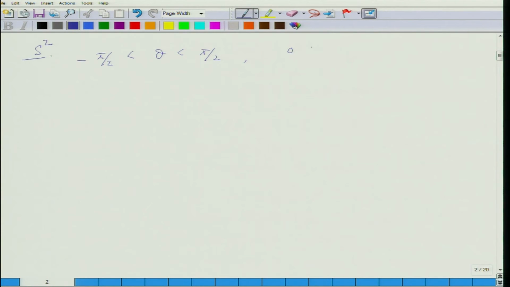And phi between 0 to 2 pi. So, u is the set of theta, phi as above.